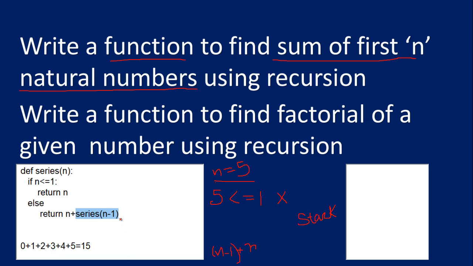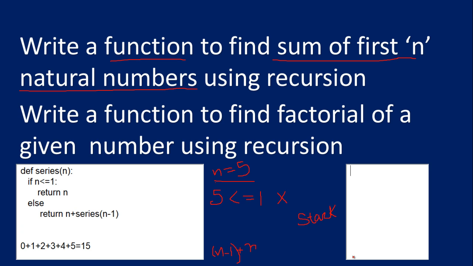In this case, the control moves back to the starting position, because by this line, series n minus 1, we are calling this function. So the value of n minus 1, that is 4, is sent to the function, and this call is on hold.